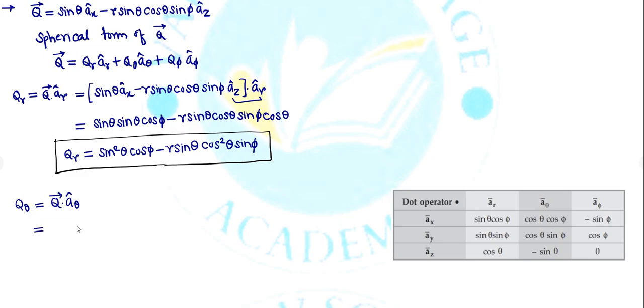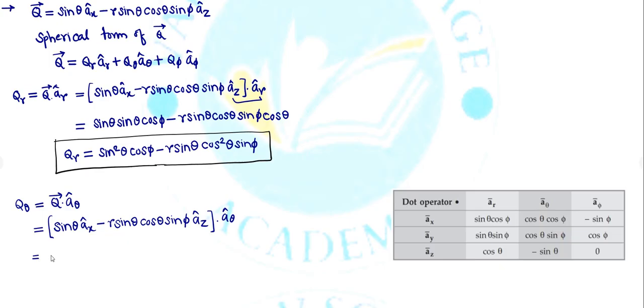So rewrite that for your vector Q. We have that vector Q to be sine theta a x minus sine theta cos theta sine phi a z, which has the dot product with a theta.